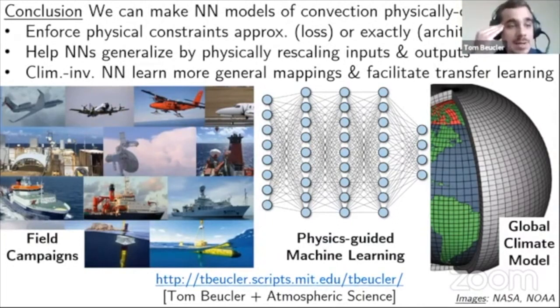So our application is to replace existing empirical parameterizations of convection in climate models, which are the main sources of uncertainty for long-term climate projection, with machine learning parameterizations. And those are two ways of making those machine learning parameterizations, which I expect are going to appear more and more in the community, more robust.